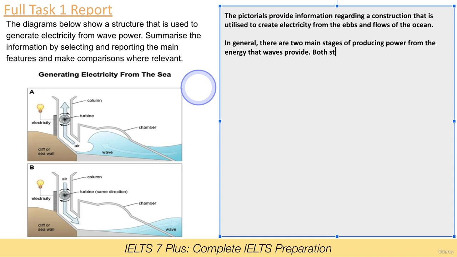So we could say both steps involve trapping air, and creating pressure, perhaps. So we're just making an additional further generalization there. In general, there are two main stages of producing power from the energy that waves provide. Both steps involve trapping air and creating pressure. There we go.